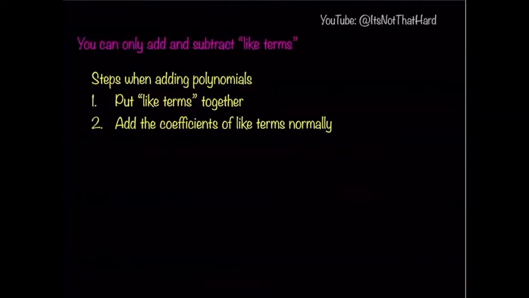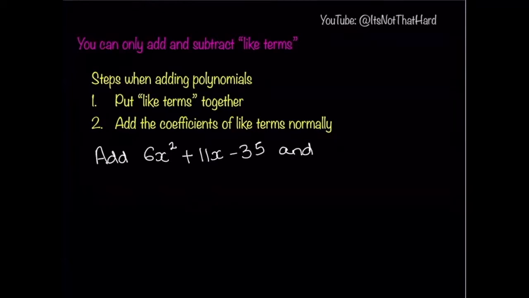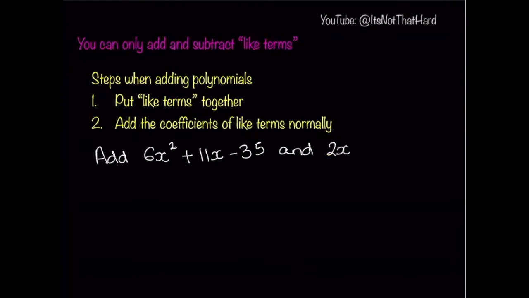Now, you can only add and subtract polynomials that have like terms. So you can only add and subtract the like terms together. So for example, if I tell you to add 6x squared plus 11x minus 35 and 2x squared minus 4x minus 2.